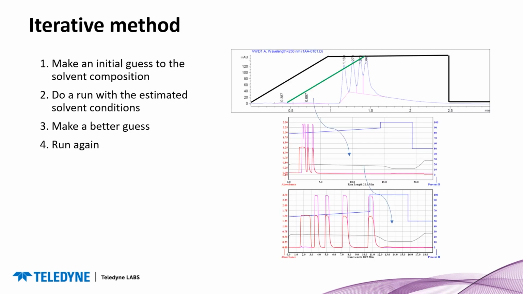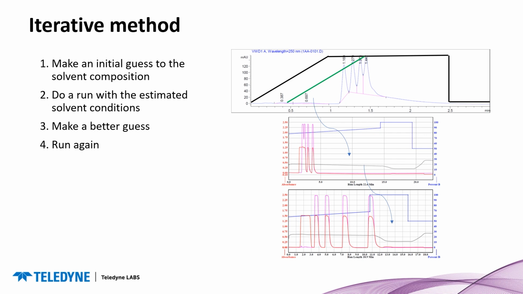For the purposes of this slide, let's assume 20 by 150 millimeter HPLC columns for the time and solvent estimates. An iterative method means that you make a guess from the scouting run, do a run and improve the guess, and then repeat until the retention is good enough.